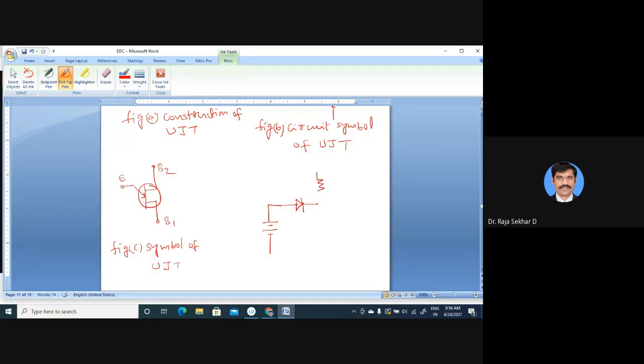Base B2 has internal resistance RB2. Similarly, base B1 has internal resistance RB1.